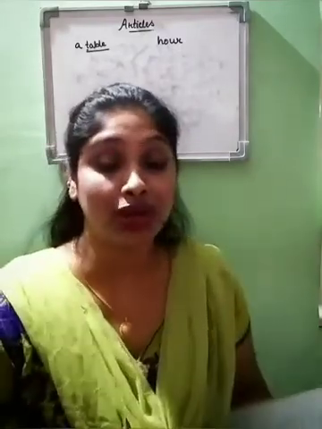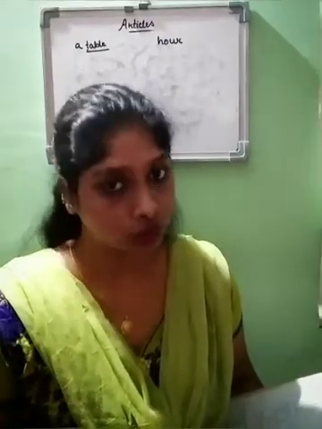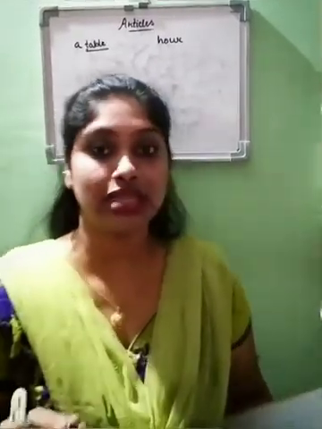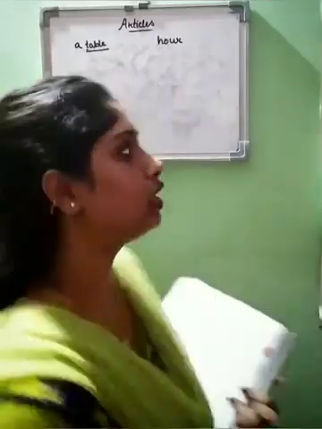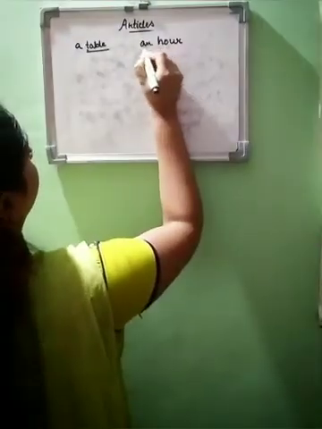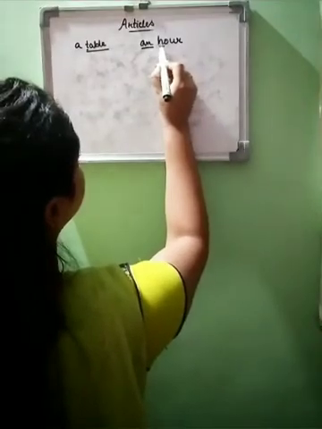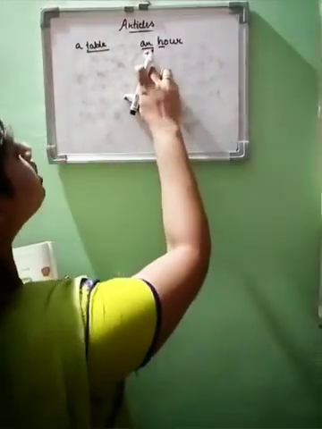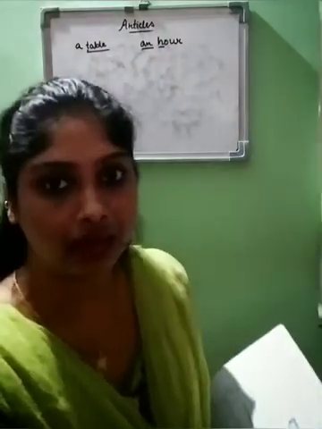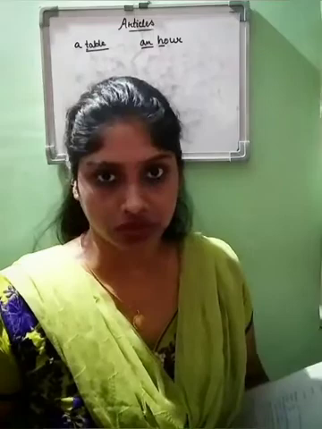So when we pronounce it as "our", what is coming at first? A vowel sound. So for that we will be putting an, not a. Even if the word is starting with a consonant letter, still we are using an. So this depends on your pronunciation.